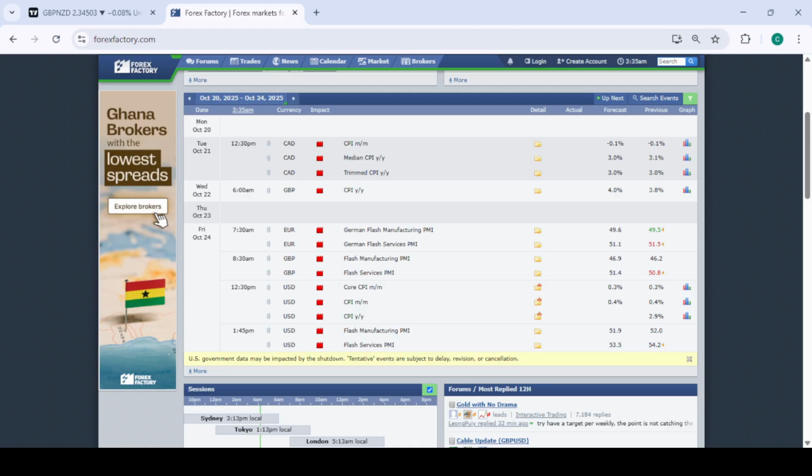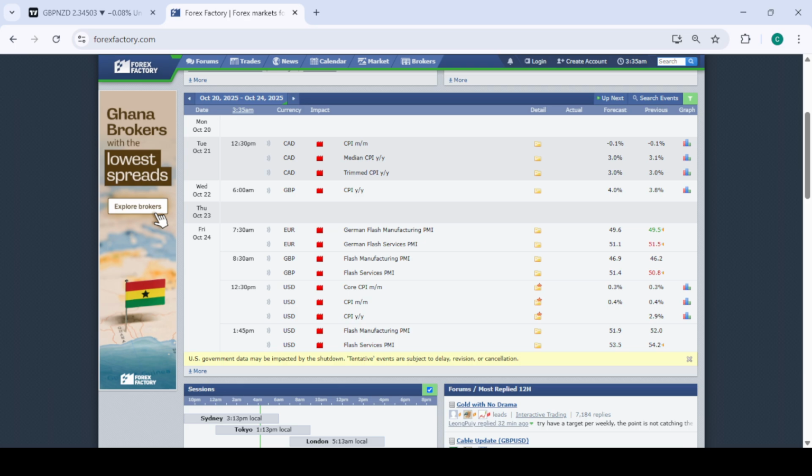On Thursday, we don't have any high impact news. And on Friday, we have the various PMIs for the Euro and the GBP, and then also the CPI for the US dollar. We also have the flash manufacturing PMI and flash services PMI for the USD.